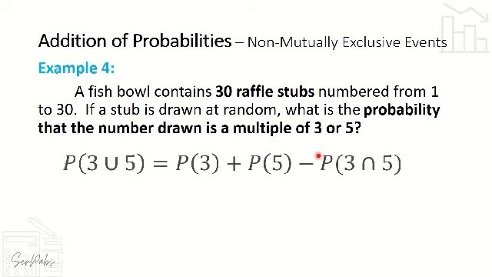So, let's go back with our solution. That will be probability of 3 in union with 5 is equal to probability of 3 plus probability of 5 minus the probability of their intersection. Okay? Intersection ang ibig sabihin nito ay the common probability, doon sila nagtagpo. So, let's analyze.